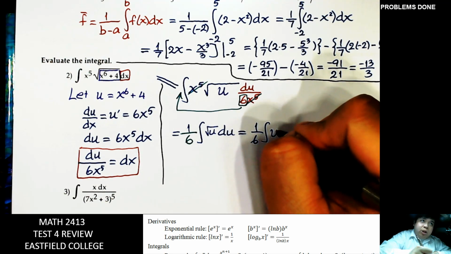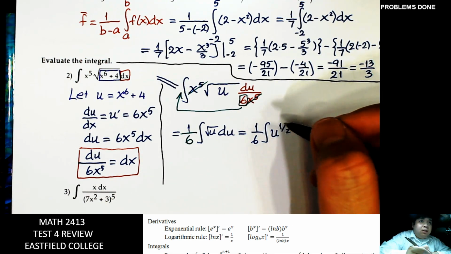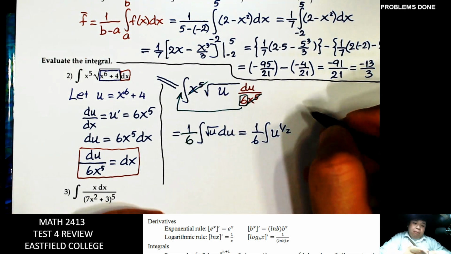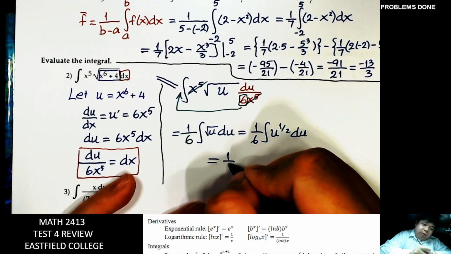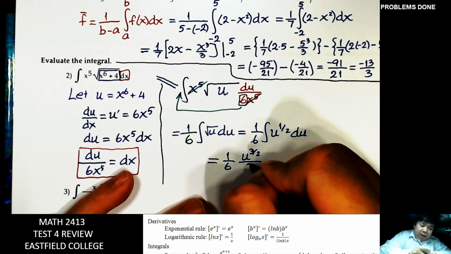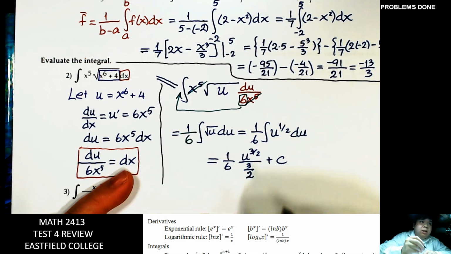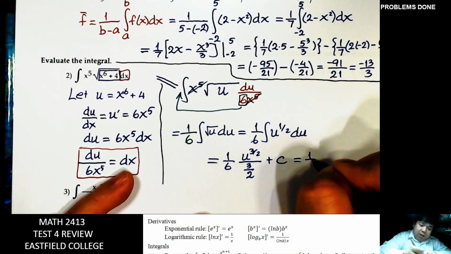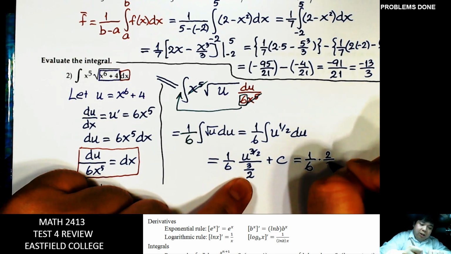Square root of u is u to the 1/2, and then du. So 1 over 6, u to the 3/2 over 3/2, plus c. Divide by 3/2 is multiply by the reciprocal.